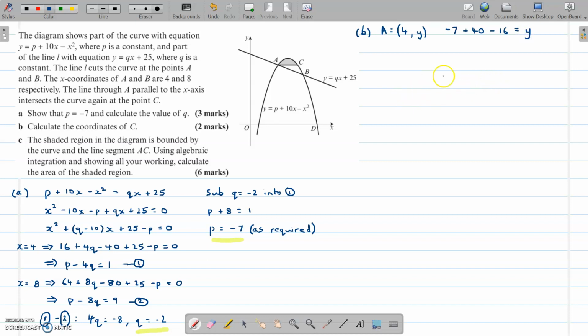And if you tidy that up, you'll find that that equals 17. So we know that A is the point (4, 17).